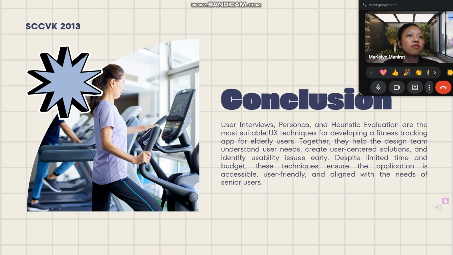The second is to develop personas to guide design decisions and feature prioritization, so that we can have full focus on design decisions and feature prioritization. We should focus more on elderly users, and then we can implement it accordingly and properly.